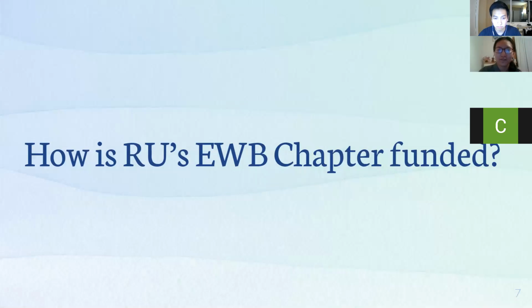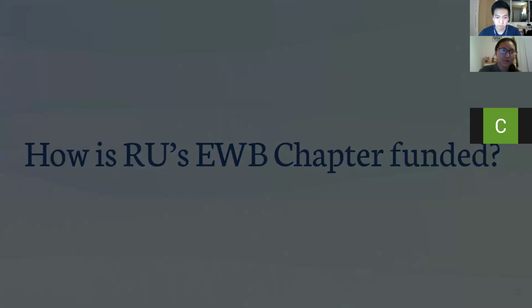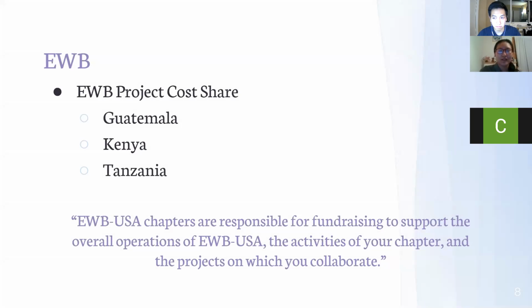Thank you. So how is Rutgers University's EWB chapter funded? First and foremost, EWB USA, the national chapter, has recently started project cost share. Here, the national chapter will evaluate our projects, and depending on their progress, EWB will give us funds.